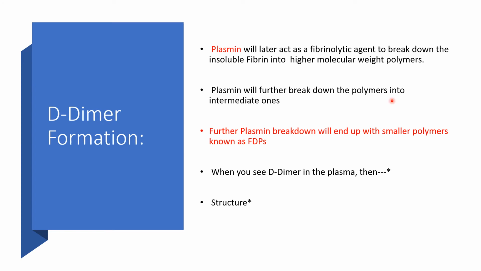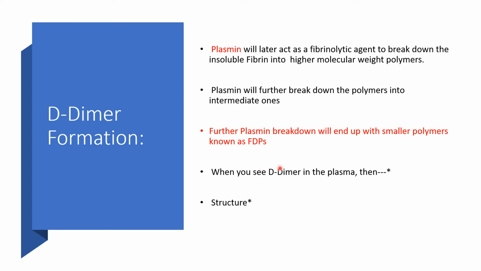Still on how the D-dimer is formed, plasmin will then act as a fibrinolytic agent to break down the insoluble fibrin into higher molecular weight polymers. Plasmin will further break down the polymers into intermediate ones. The journey is not finished yet. There will be further plasmin breakdown, and that will end up with smaller polymers known as fibrin degradation products.